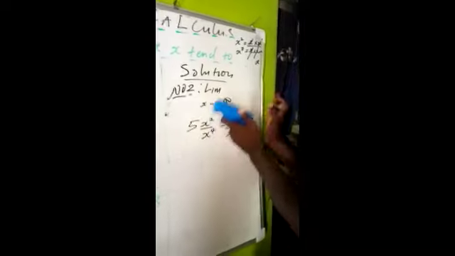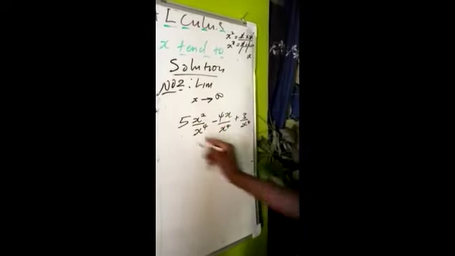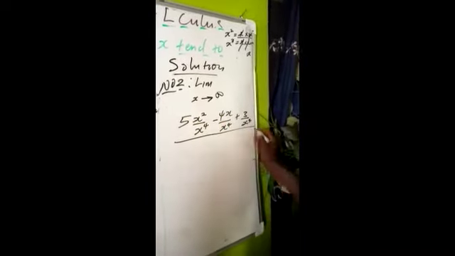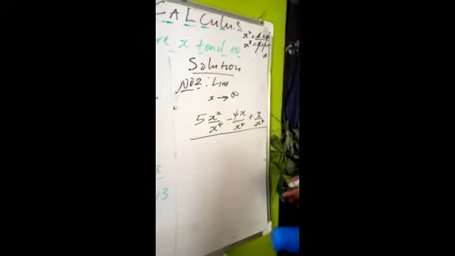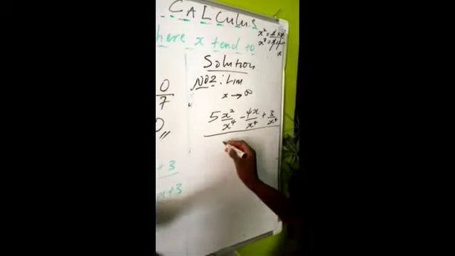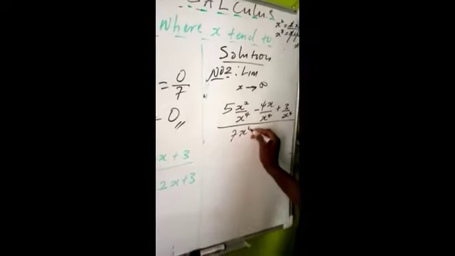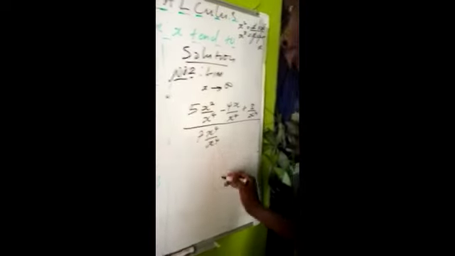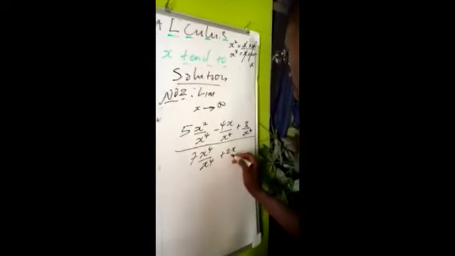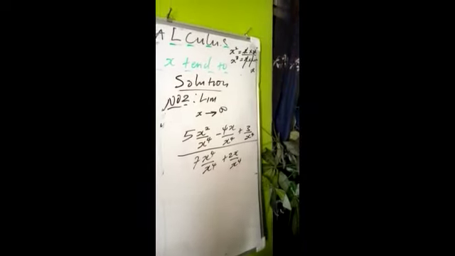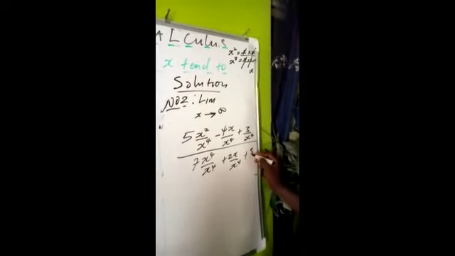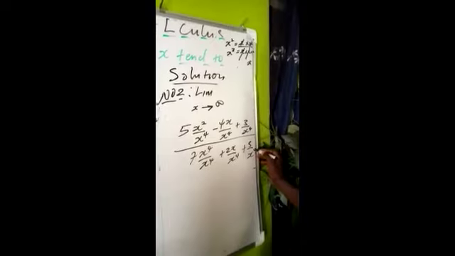Remember this one is our denominator. Then you go down to the numerator. Here we have s into s raised to power 4 plus 2s into s raised to power 4, 3 into s raised to power 4, because 4 is the highest index there.